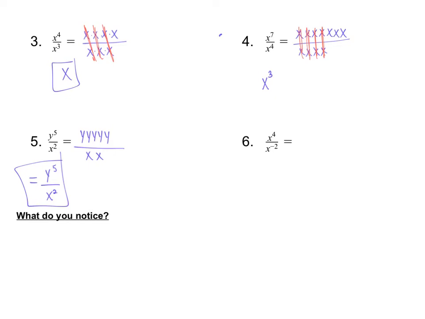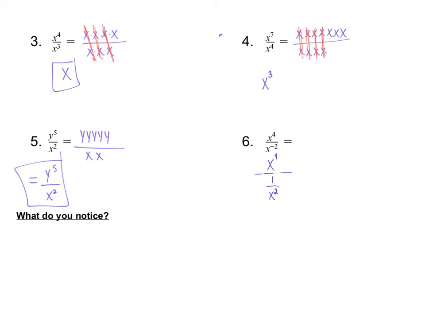All right, so then on number 6, it gets a little tricky. I could write x to the 4th divided by x to the negative 2nd. Remember, x to the negative 2nd is 1 over x to the 2nd. If I don't like dividing by a fraction, remember we can always multiply by the reciprocal.